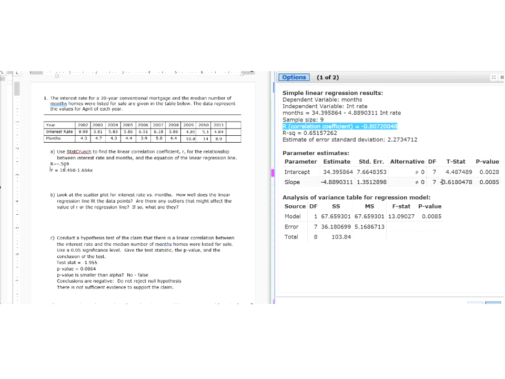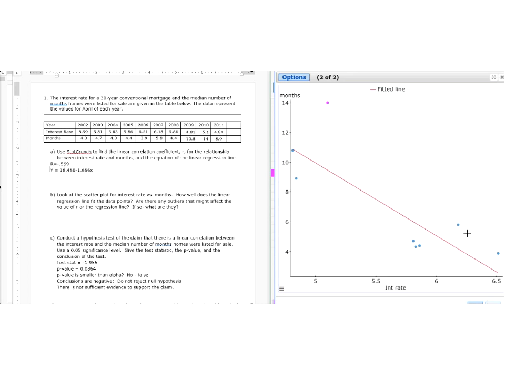Our test statistic down here is negative 3.62, and our p-value is 0.0085. So our p-value is much smaller than it was in the first question. If we look at our scatter plot, again, with so few data points, it's kind of hard to tell how well this fits the data, but most of the points are a little bit closer to the regression line.